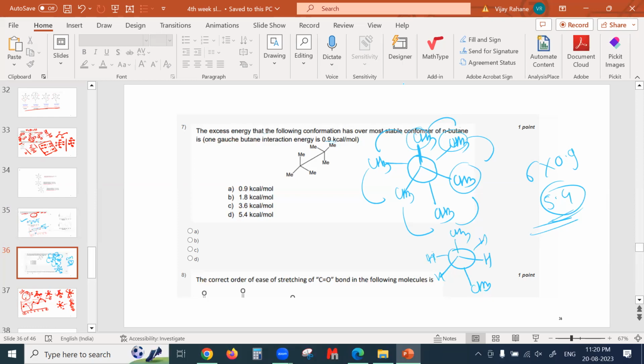It has zero gauche interactions, there is no gauche interaction. So 5.4 is the correct option here. Does anyone have a doubt in this question? This kind of question you can solve here.